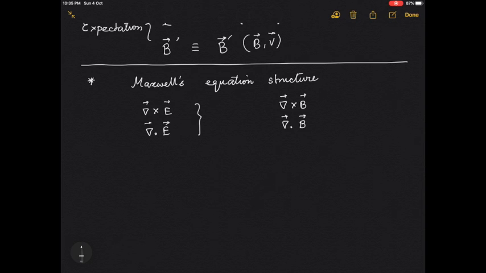Now my curl of E term has a B in it, and the curl of B term has E in it, but nevertheless I have been given two vector fields and I know both curl and divergence of these two vector fields. The equations are coupled, so you cannot solve them separately, but I know the curls and the divergences. I also know the boundary conditions.